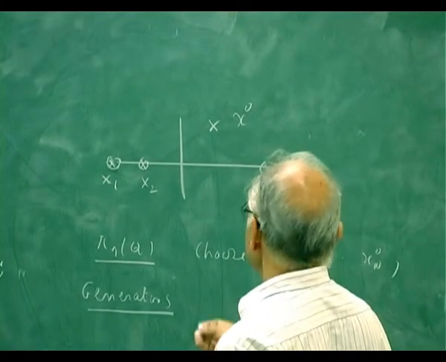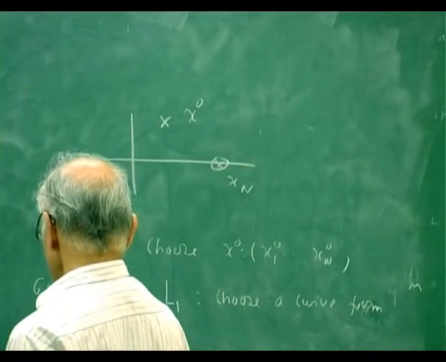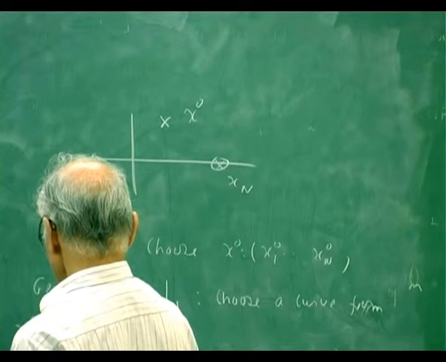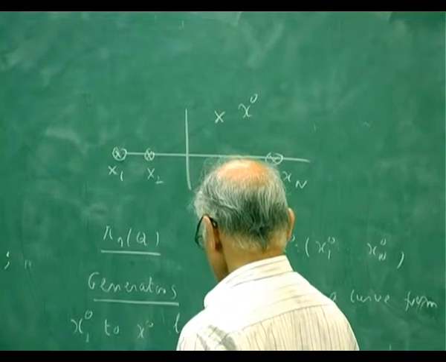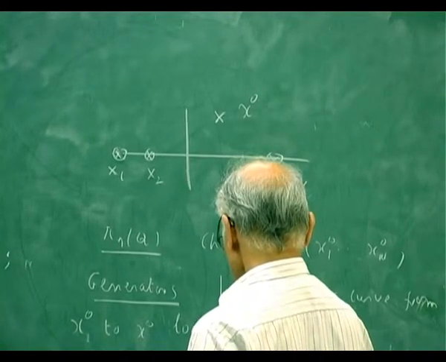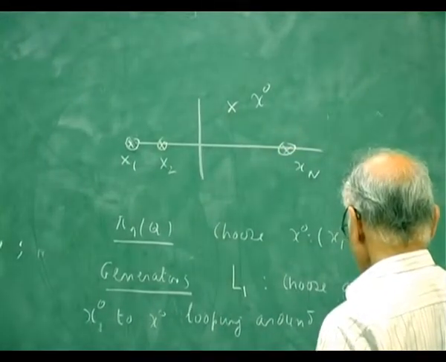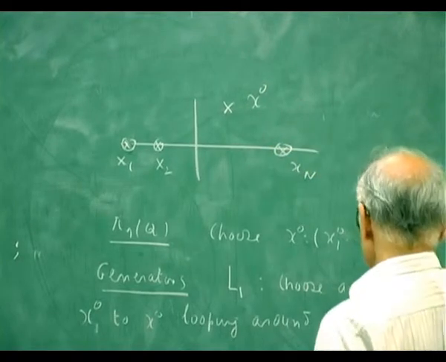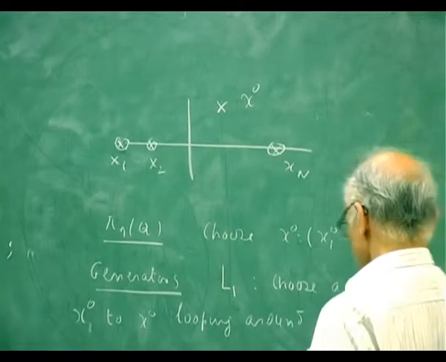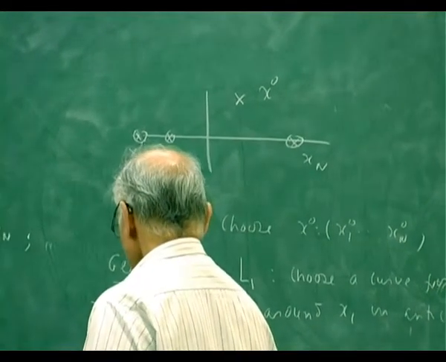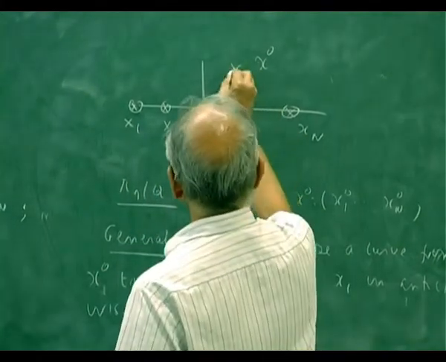A particular loop which I can call L1, from x0 to x0, looping this point x1, in the anti-clockwise direction. Okay. Like this. So I take a curve like this.